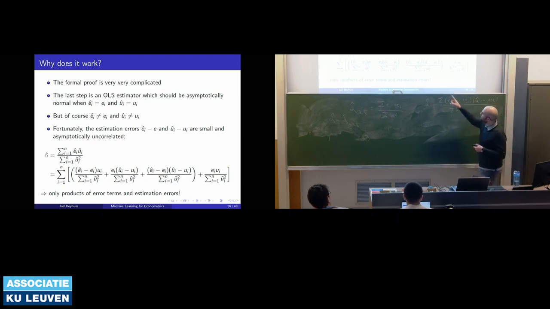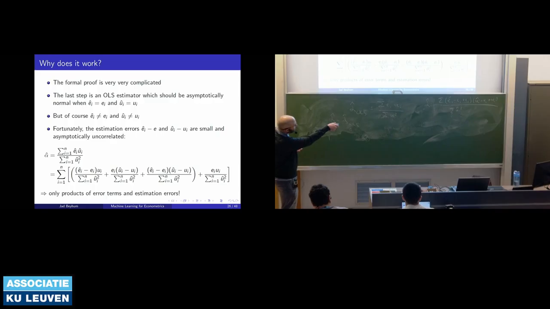And if I develop these terms, I get exactly the last line. What you see essentially is that the difference between alpha hat and the last term, which is almost OLS, is always either the product of two estimation errors, that's this term, or the product of an estimation error and an error term. So it's always the product of two terms which are small in a way. An error term is something small, an estimation error is something small.